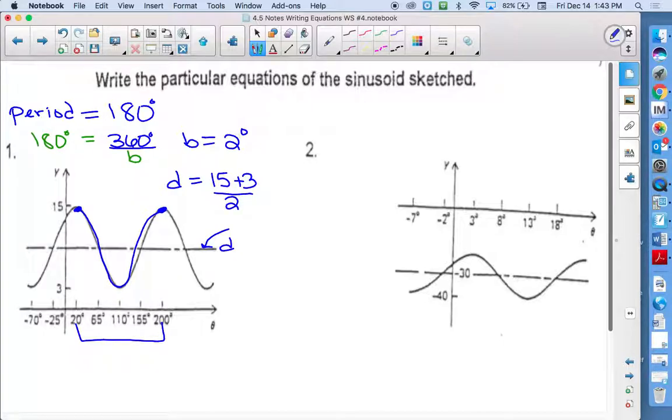Because D is the middle of the graph, the halfway point of the graph, from max to min. So 15 and 3 make 18 divided by 2 gives us the value of 9. So now D is equal to 9. What else can we find? We know D. Chelsea? A. So now that we know D, A is the stretch from D up into the max. What does it take for you to go from 9 to 15?